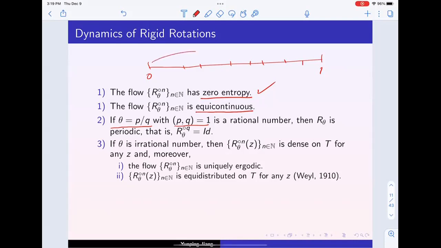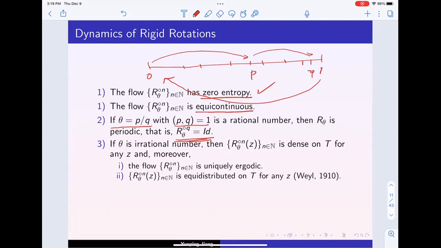Then the map goes to here, so that is P. Then next time you go to another P, here's another P, there's 2P. And keep doing it, you apply Q times, and it comes back. So that means it is a periodic map. That means R theta iterated Q times returns to the identity.